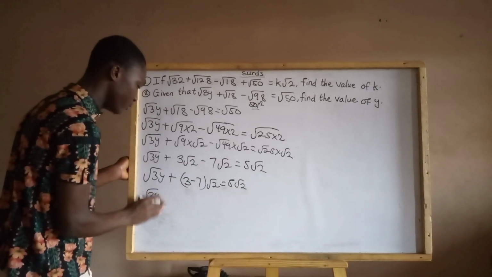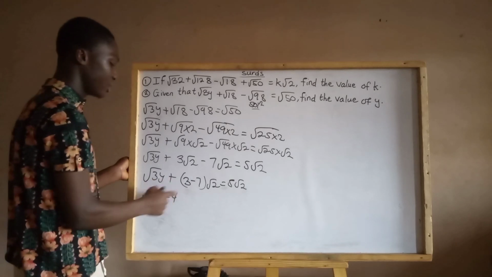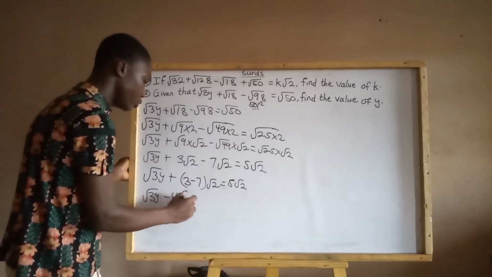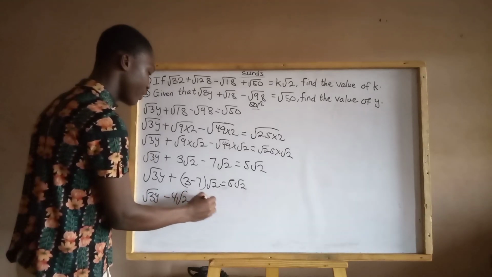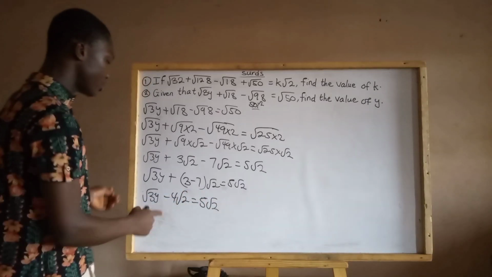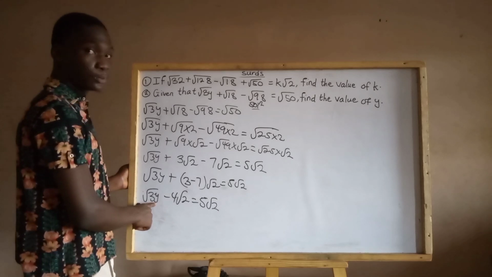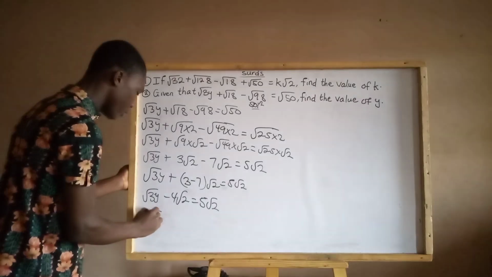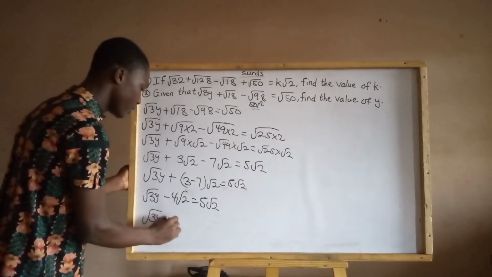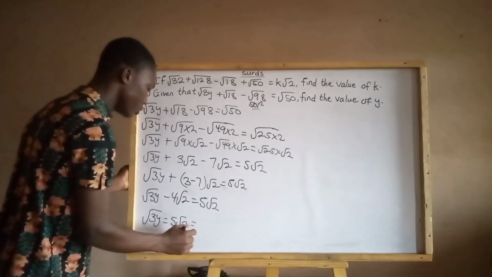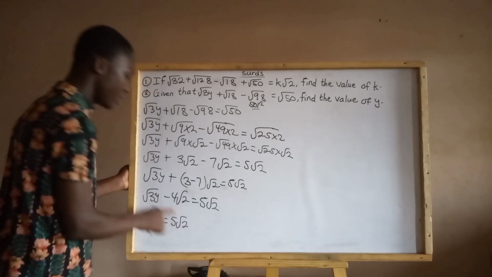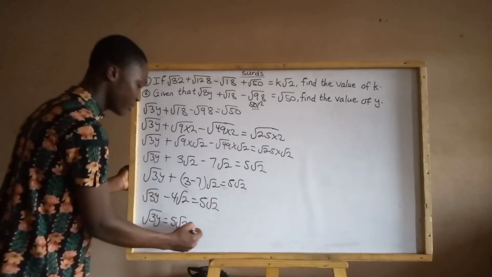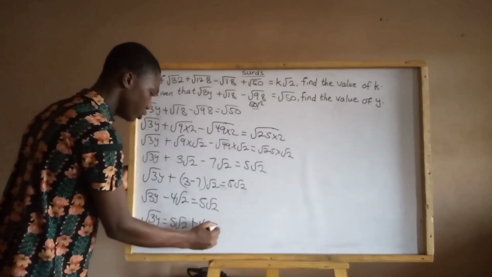And now we have root of 3y plus 3 minus 7 gives negative 4, because plus and minus gives minus. So 3 minus 7 gives negative 4, and attach root 2, is equal to 5 root 2. Now since you want y, you have to transpose negative 4 root 2 across the equal sign. When negative 4 root 2 crosses the equal sign, it becomes positive 4 root 2.